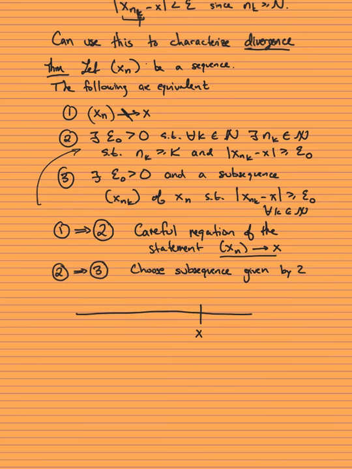So if I have x, what 2 is saying is there is some epsilon naught so that however far I go into the sequence, so maybe here, if I go k out, no matter how far I go, there's going to be some x sub n sub k, which is farther than epsilon naught. Okay? And then the subsequence just comes from looking at this x sub n sub k. So what we're saying is there are infinitely many terms which are farther away from x than epsilon naught.